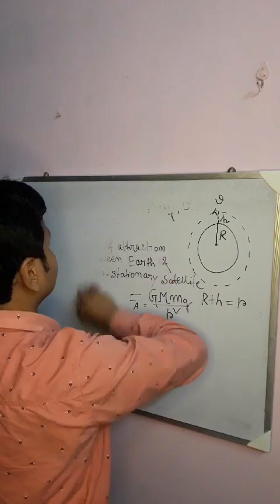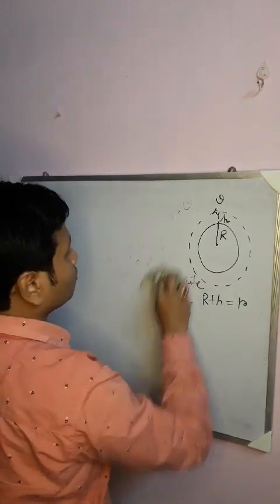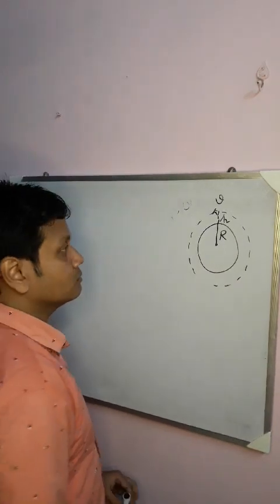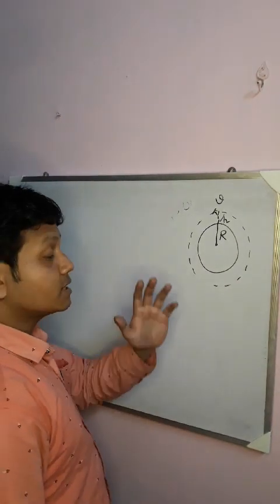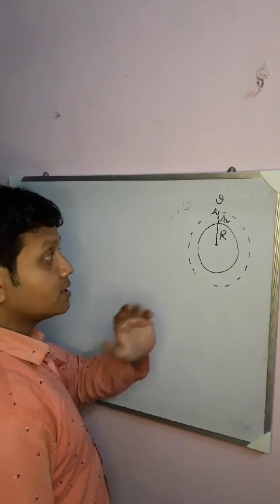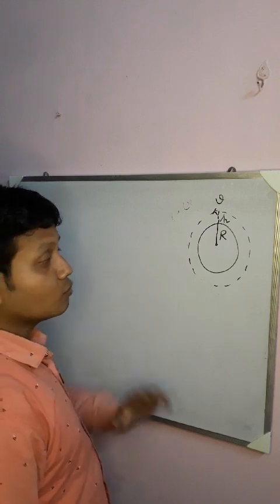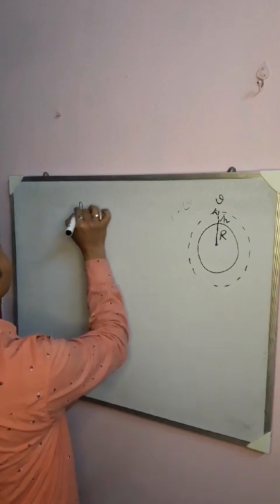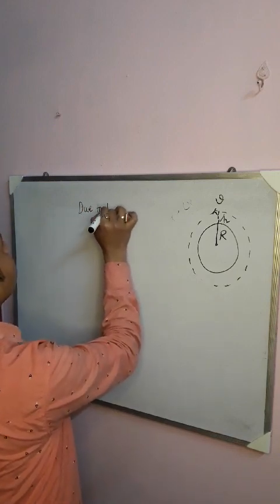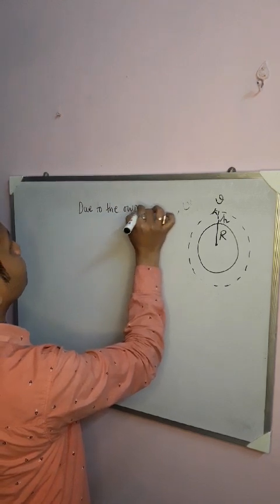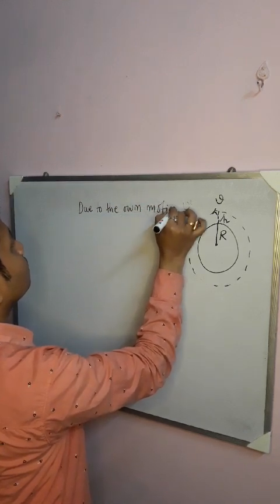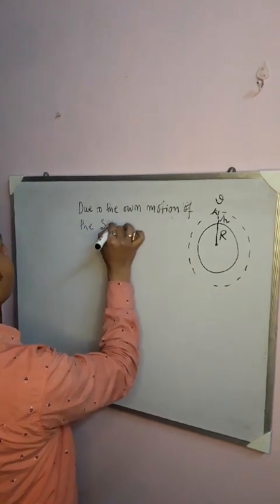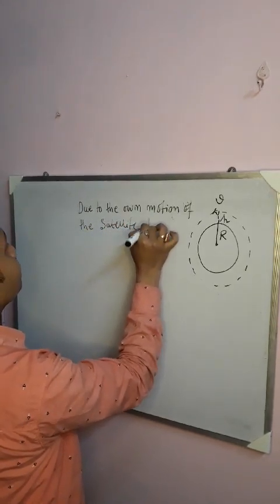Now the geostationary satellite is rotating around the orbit, so the motion is rotational motion, so there will be a fictitious centrifugal force in the motion due to the own motion of the satellite.